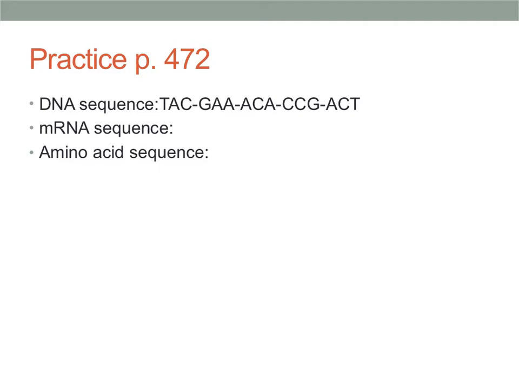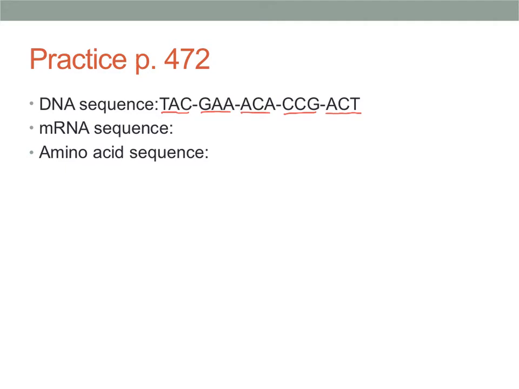Use your book on page 472 to follow along how to do this. So we have a DNA sequence of TAC, TAA, ACA, CCG, and ACT.